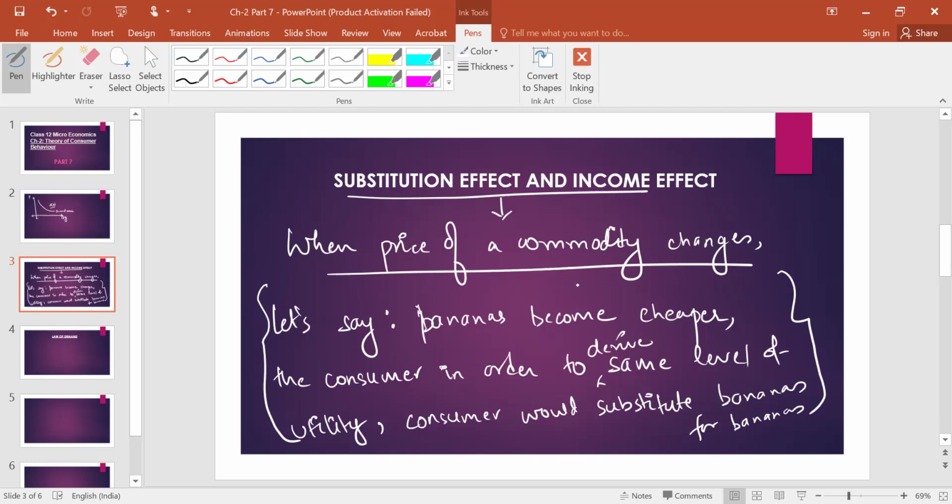Earlier, let's say the consumer was consuming 5 units of bananas and 5 units of mangoes. This is bananas, this is mangoes.